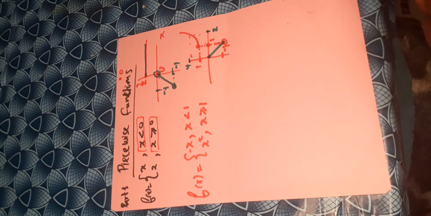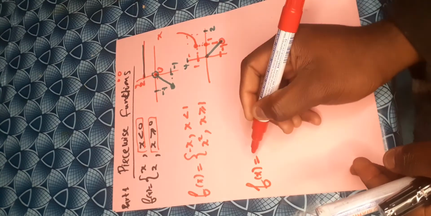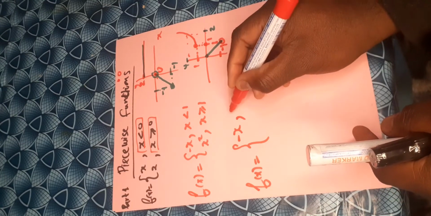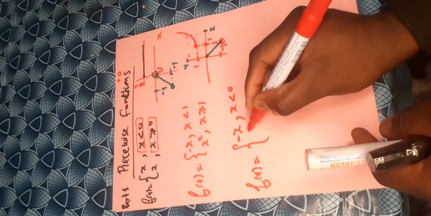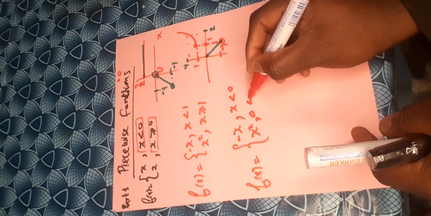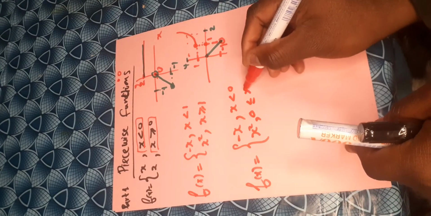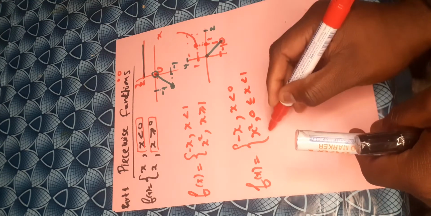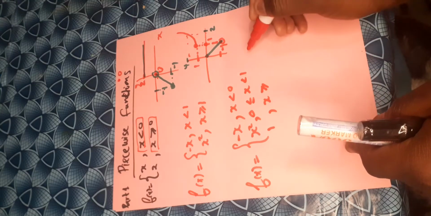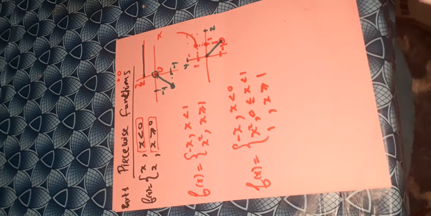I'm gonna do it in a separate video so that it's not very long. f of x equal to, for example, minus x when x is less than 0, and then we have x squared when x is between 0 and 1, and then this one gives you 1 when x is greater or equal to what? Let me say 1, okay, for example, like this.